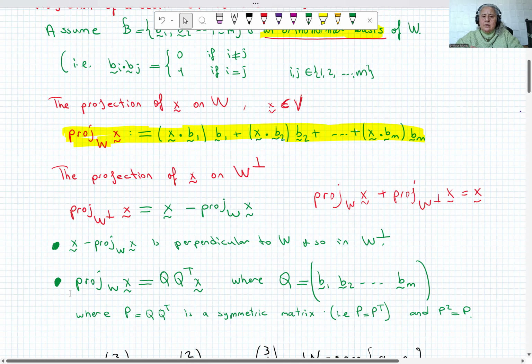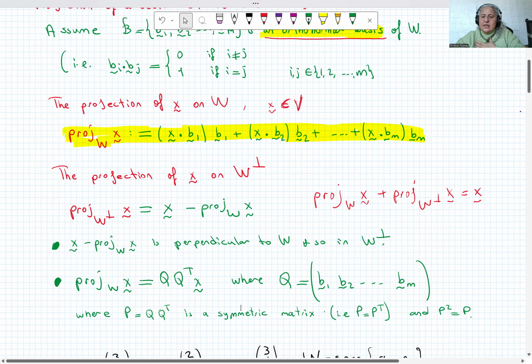And if we want the projection of x on W, we can also establish it in matrix form, if we put the Q matrix with all the columns consisting of those orthonormal bases. Orthonormal bases means that it will be an orthogonal matrix. And QQT will give you a symmetric matrix.